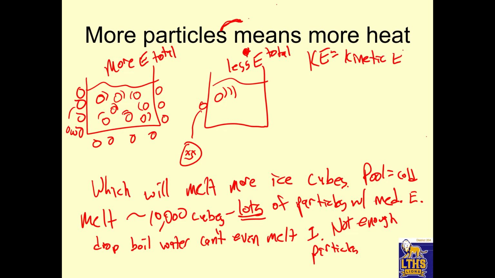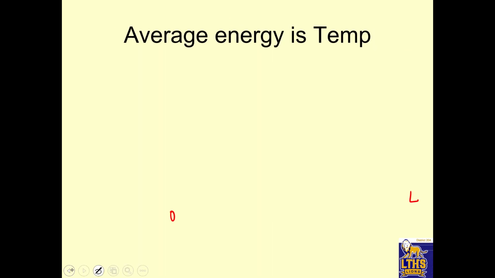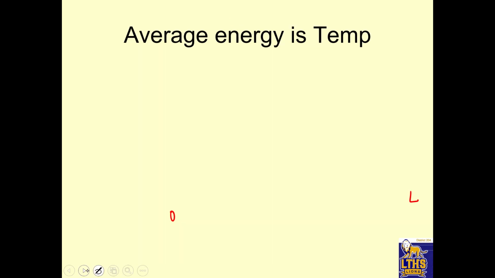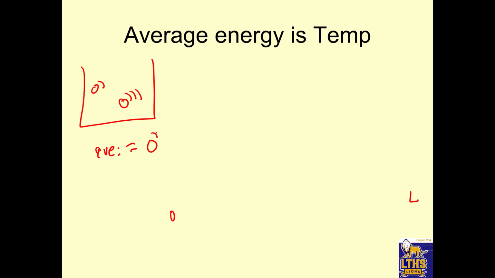If you remember way back from your earlier lessons, kinetic energy is the energy of motion. Okay. Average energy is temperature. So if I have one with 1 and one with 3, the average equals 2.